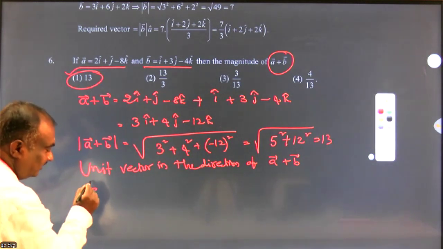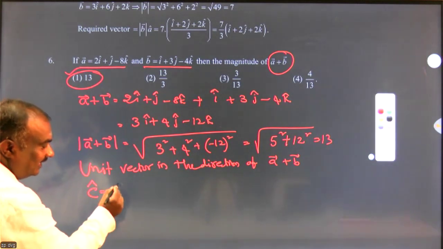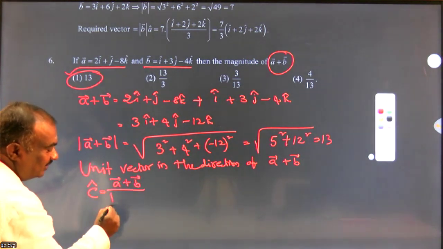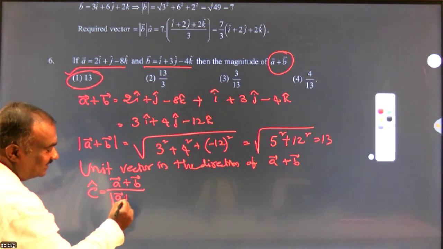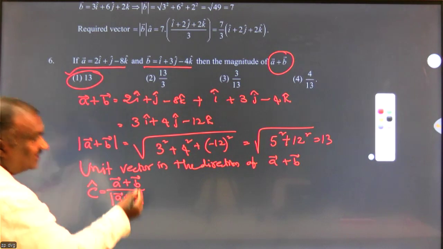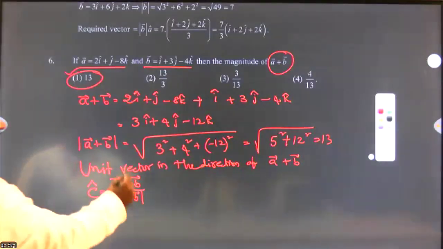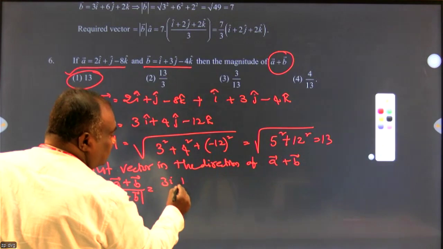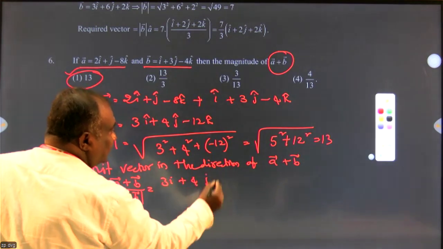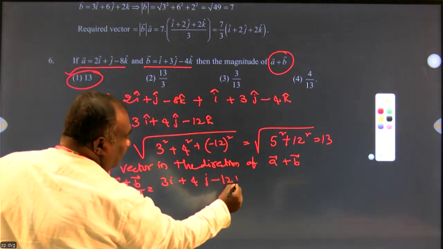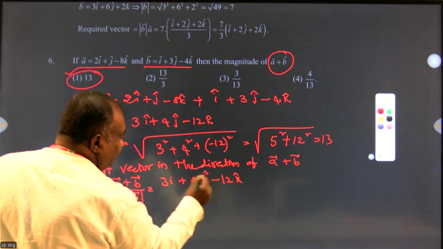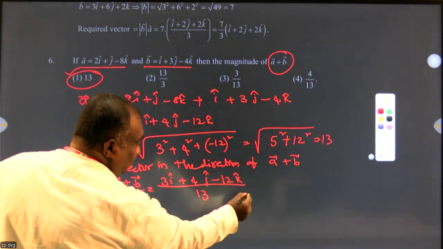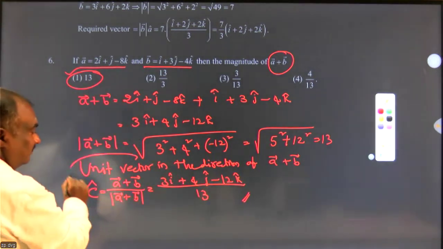Then C cap is equal to A bar plus B bar by modulus of A bar plus B bar. Now A bar plus B bar is 3I plus 4J minus 12K, by the value 13. This is the answer if they ask for the unit vector.